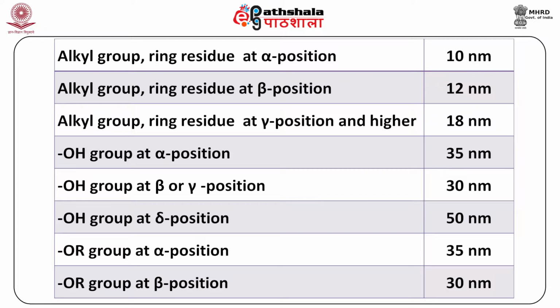Now, if the hydroxyl group is present at the alpha position, then the increment is of the order of 35 nanometers. If it is present at the beta or the gamma position, then the increment is of the order of 30 nanometers. If it is present at the delta position, the increment is of the order of 50 nanometers.